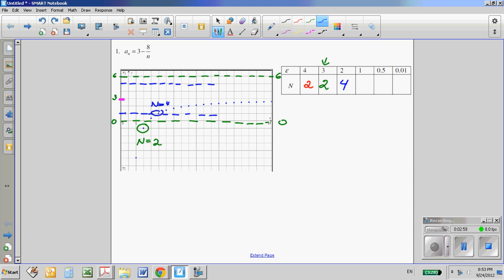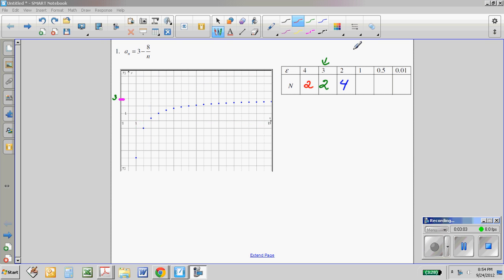Okay, so I'm going to pause it again, erase some extra stuff so we can continue looking at the next problem. Alright, so then for epsilon being 1, we want to be 1 unit away from the limiting value. So I'm going to go up to 4, or I can go down to 2.